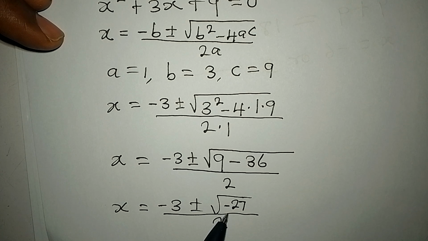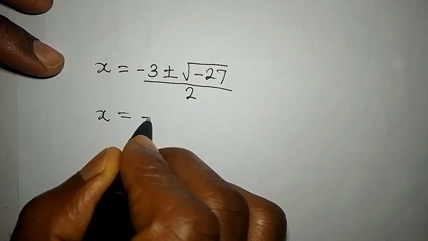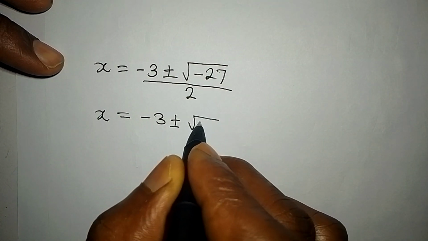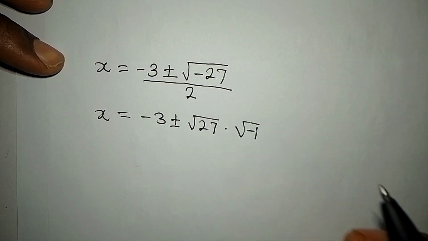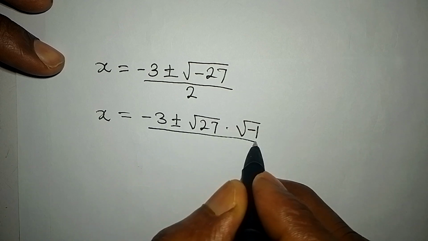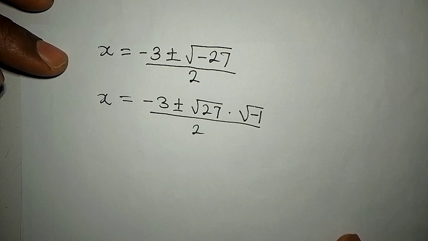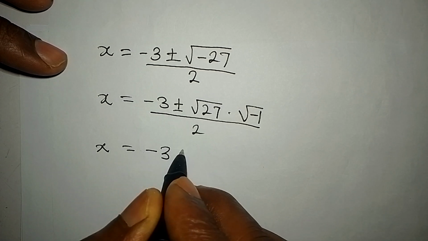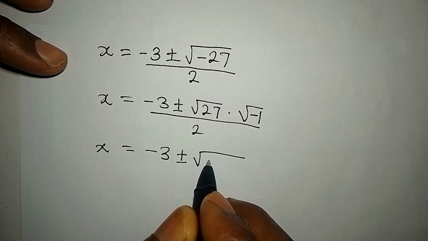First of all, let's take out the negative from there. x is equal to minus 3 plus or minus square root of 27 multiplied by square root of negative 1. So I have picked out the negative. This is over 2.